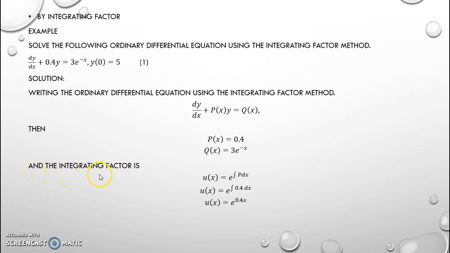And the integrating factor is u(x) equal to e to the power of the integral of p dx. So our p is 0.4, so we substitute 0.4 into p, which is u(x) equal to e to the power of the integral of 0.4 dx. So we integrate 0.4 dx, we will get e to the power of 0.4x.